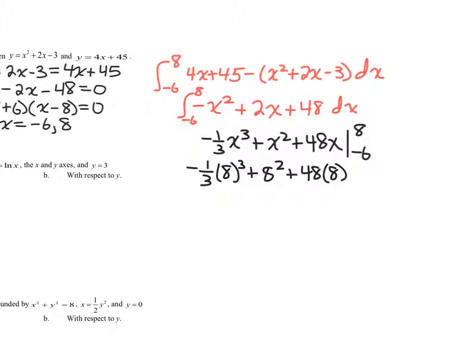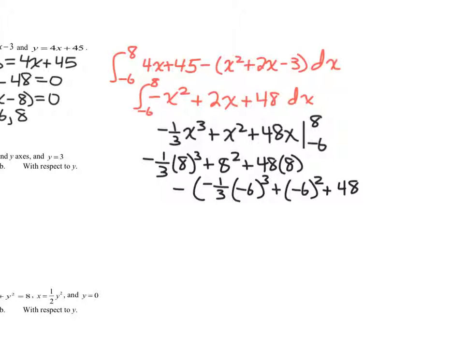And then we're going to subtract from that -1/3 of -6 cubed plus -6 squared plus 48 times -6.